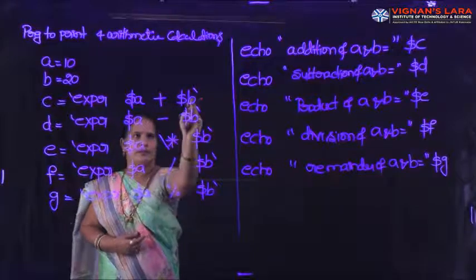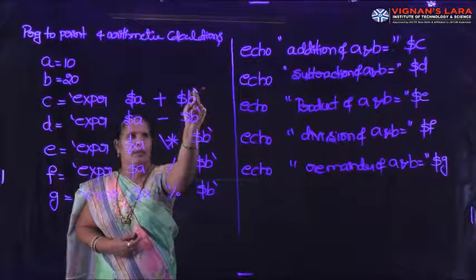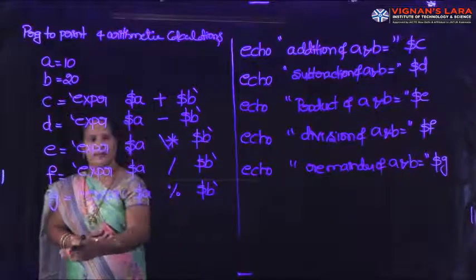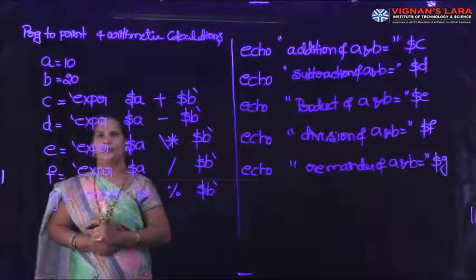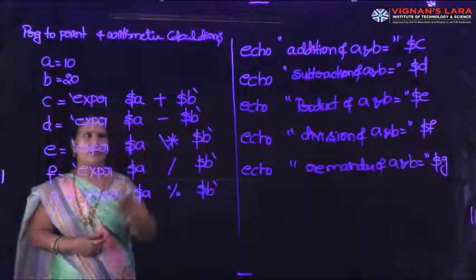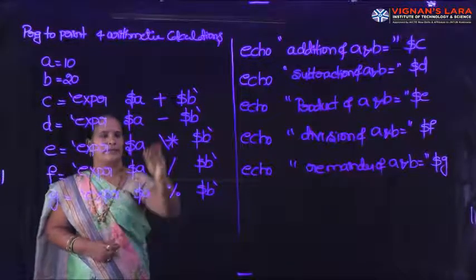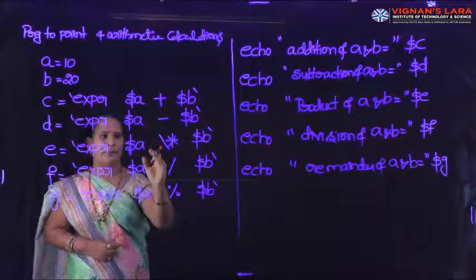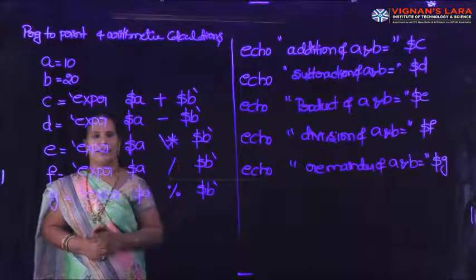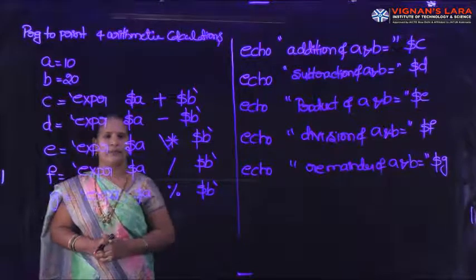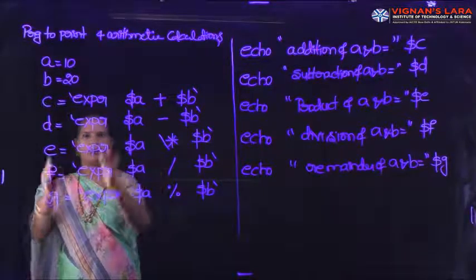Similarly, no space in between the variable name and this operator. So the operators are plus for addition, minus for subtraction, slash star for multiplication, this slash for division, and this percentage is used for remainder. All these are used to perform the operations.